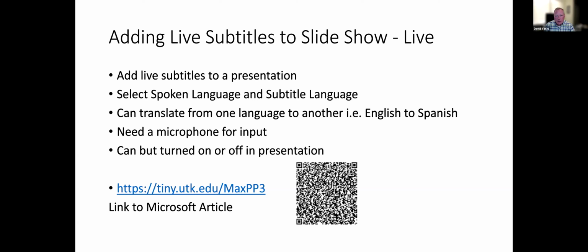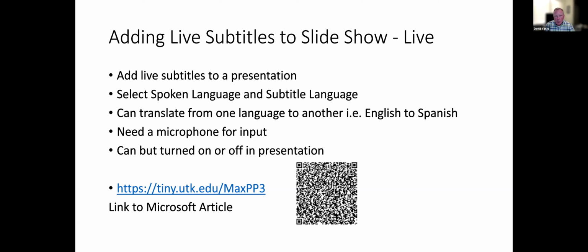So for instance, if you have an audience that has a large Hispanic population that doesn't speak English as their preferred, native language, you could select the spoken language as English, for example, and then change your subtitle language to Spanish.